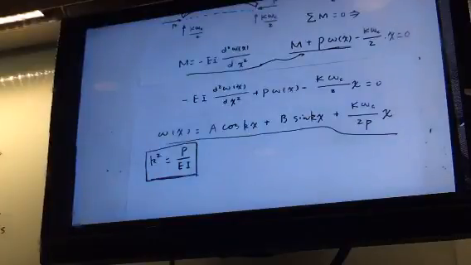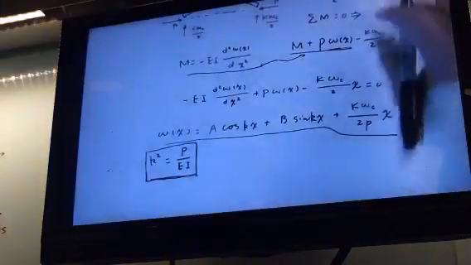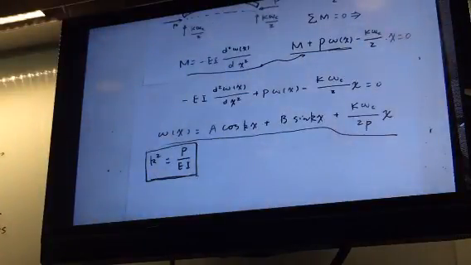And then we need to determine what A and B are, the unknown constants. We didn't apply the boundary condition yet.